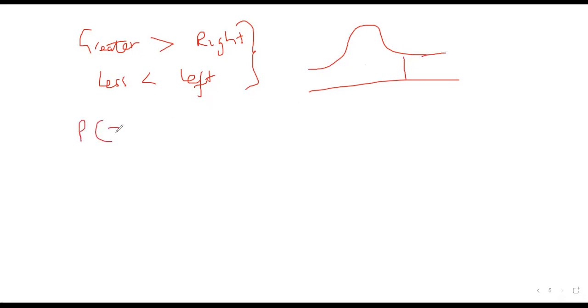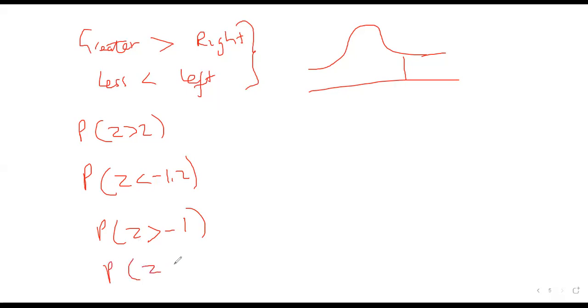So if we're going to say the Z greater than 2, Z less than negative 1.2, Z greater than negative 1, Z less than 2.5.